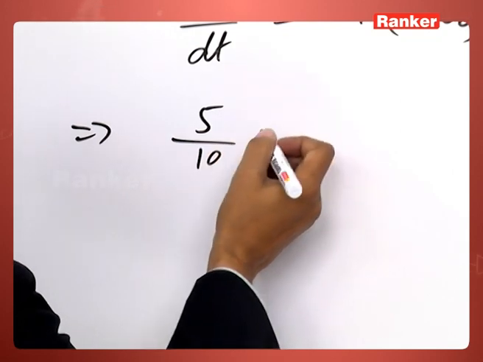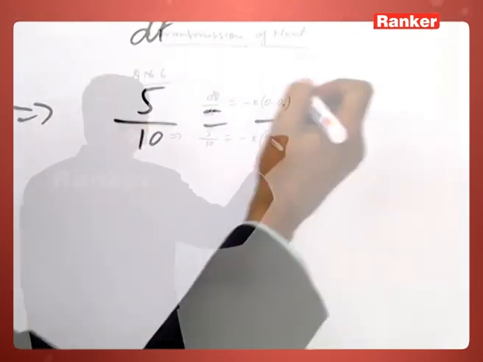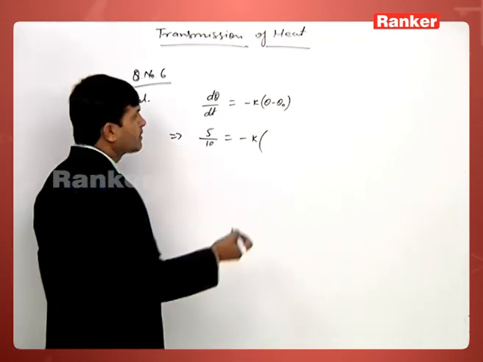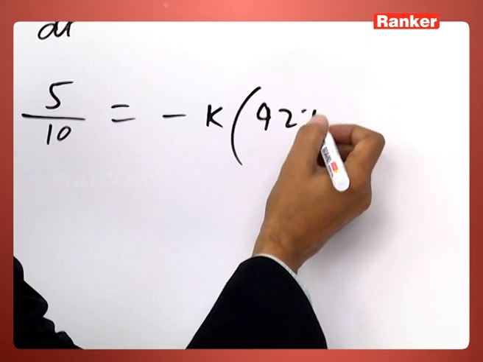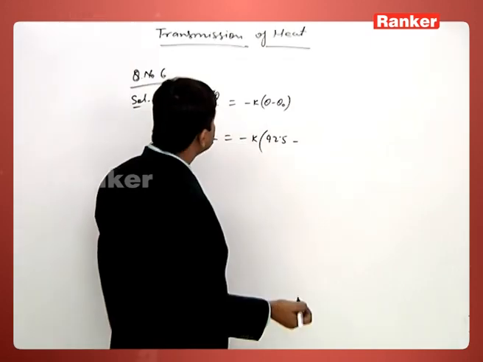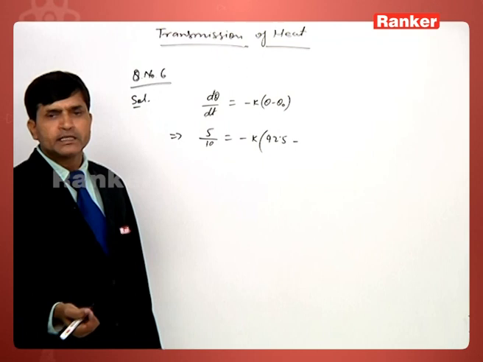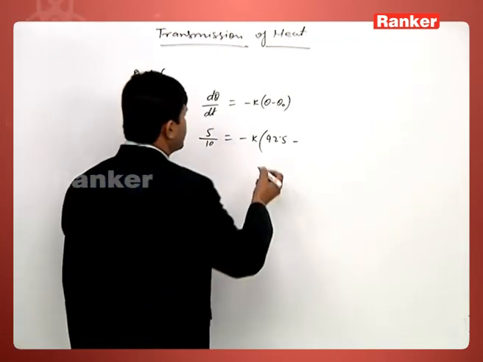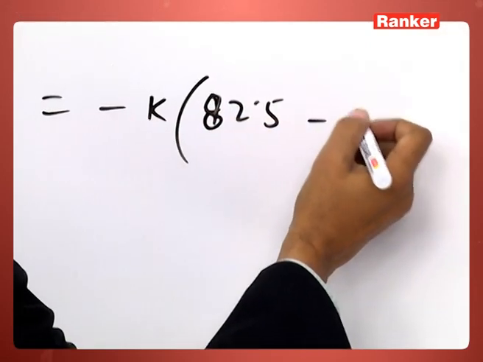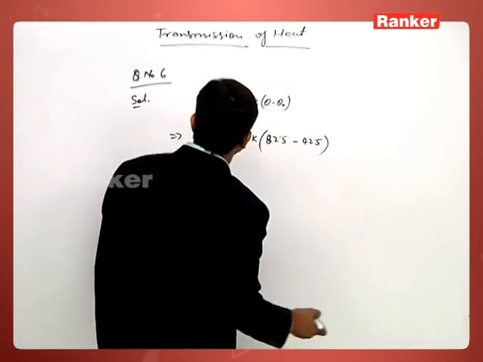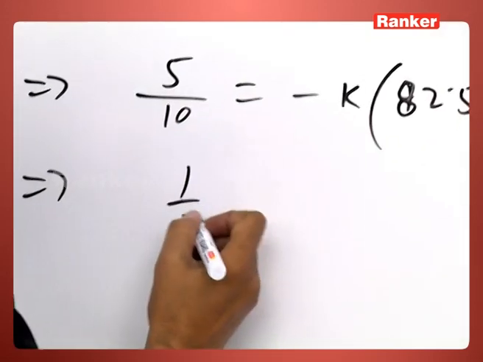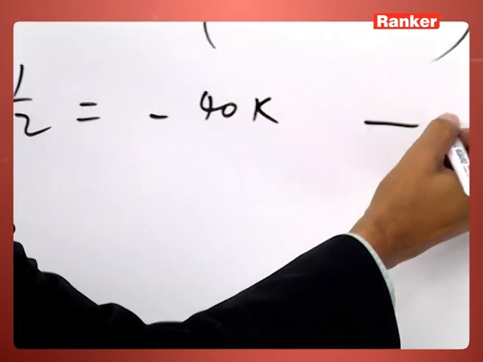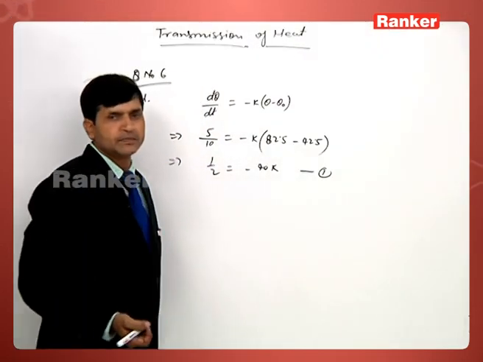So 5 by 10 is minus k times the average value 82.5 minus theta naught, the temperature of the surrounding, 42.5, that is 40. This is the initial condition. So 1 by 2 is minus 40k. This is your first equation.